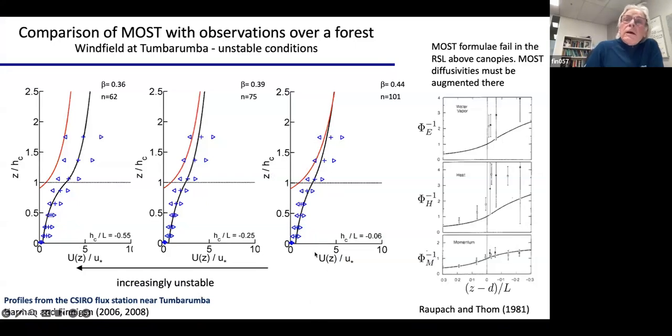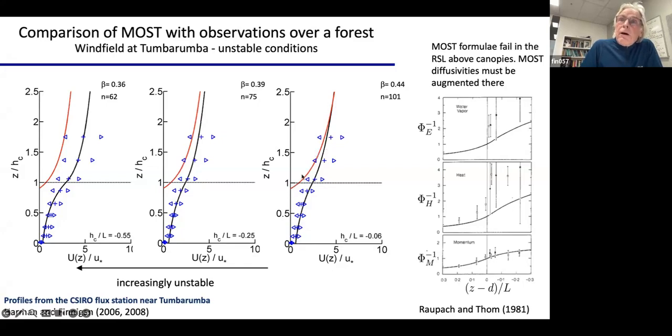And if we look at the variation of velocity with height, velocity made dimensionless with u star. First of all, when z upon L, where z in this case is h_c, the canopy height, was near zero, so nearly neutral, the solid black line is what Monin-Obukhov theory would predict unmodified.